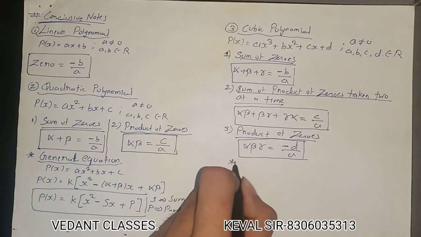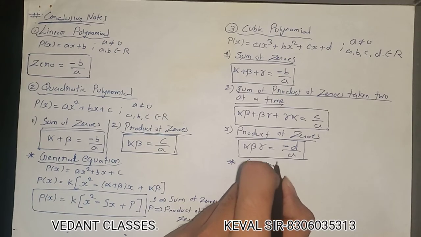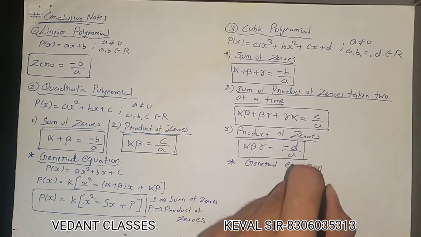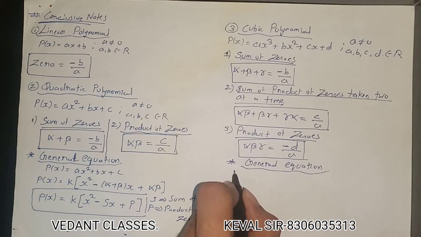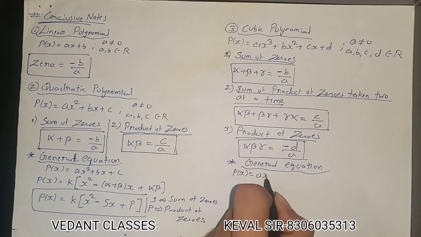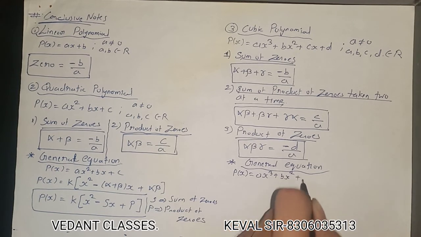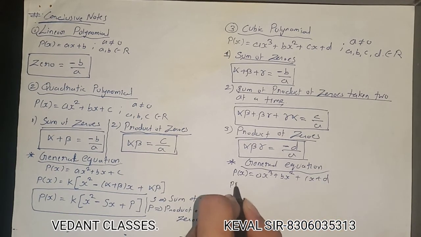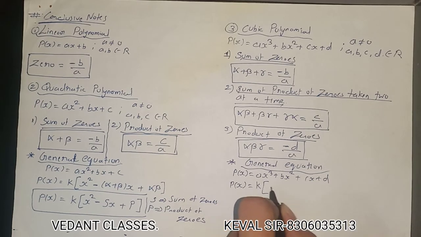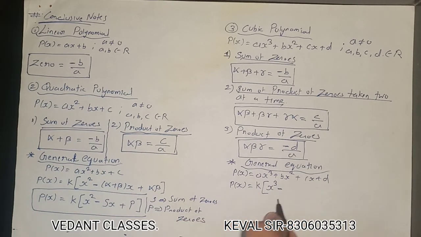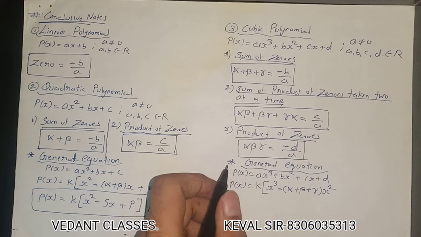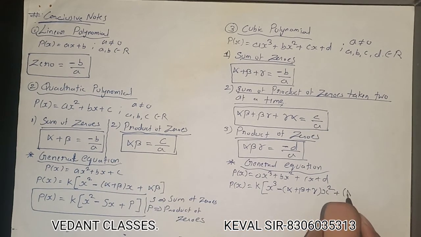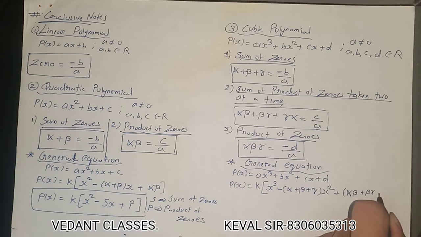Here also we have the general equation. p of x is equal to ax cube plus bx square plus cx plus d, which will be equal to k x cube, then minus of alpha plus beta plus gamma times x square, then plus alpha beta plus beta gamma plus gamma alpha, into x, then minus alpha beta gamma.